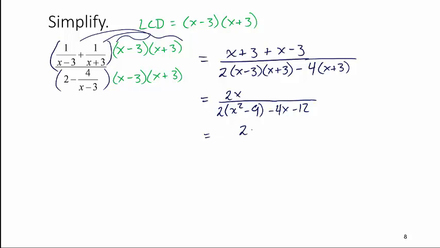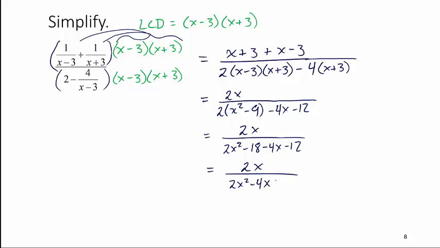So now I'm going to have 2x over 2x squared minus 18 minus 4x minus 12. All right, still cleaning up that denominator here. So 2x squared minus 4x in the denominator. Negative 18 minus 12 is minus 30.